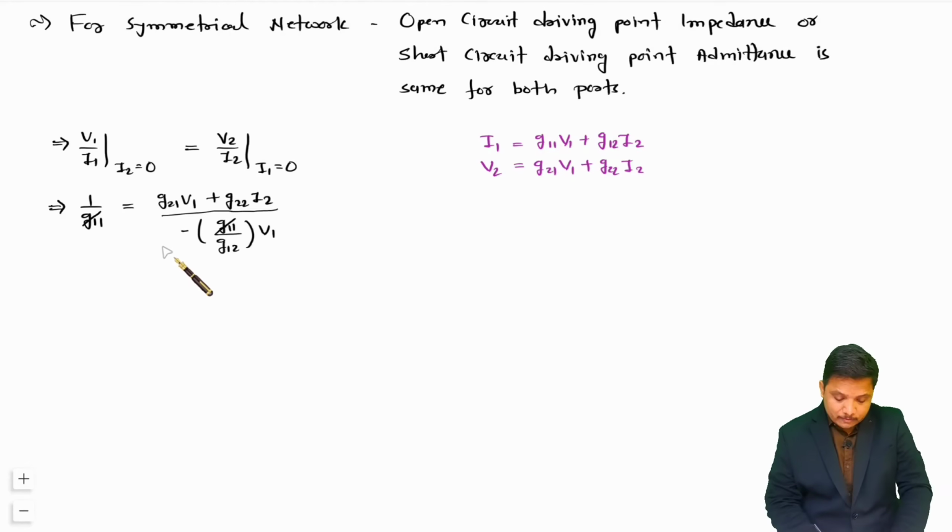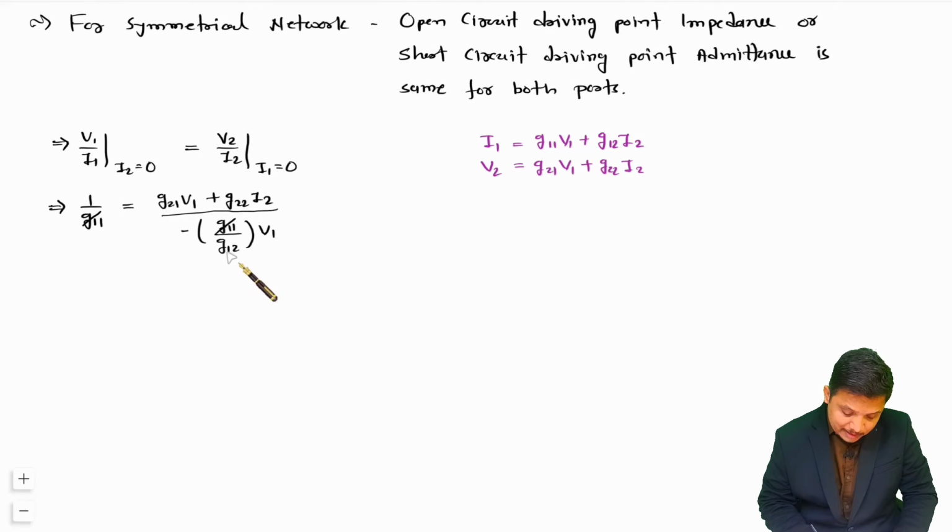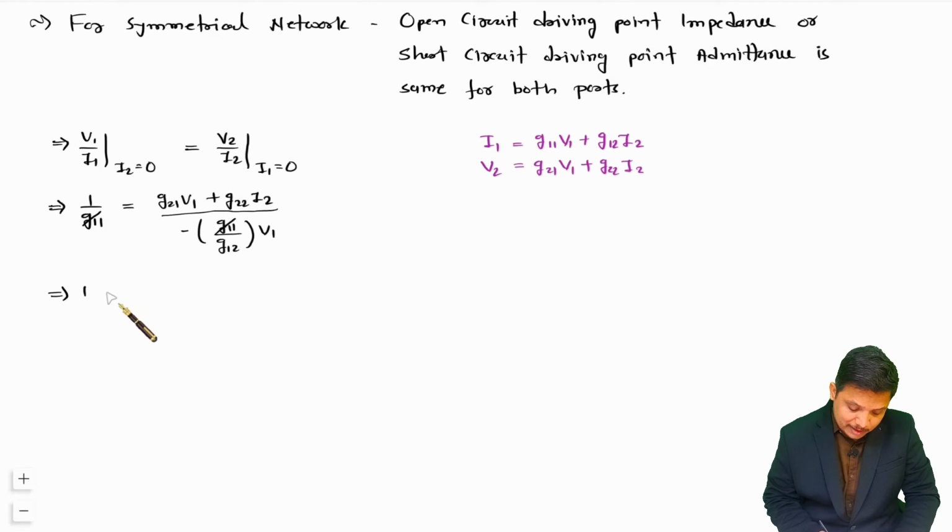Now here if you take this G12 to the numerator, then we can simplify this equation further. So you see 1 is equal to, now this minus sign over here, G21 G12 V1 will get cancelled, again minus G22 G12 into I2 by V1, right? That is how this equation is there.